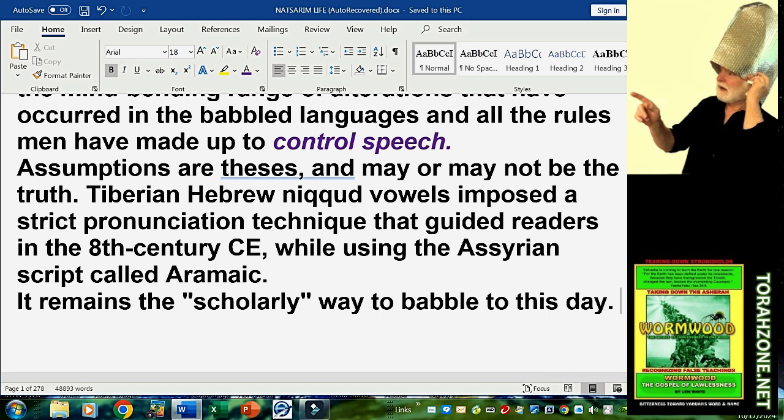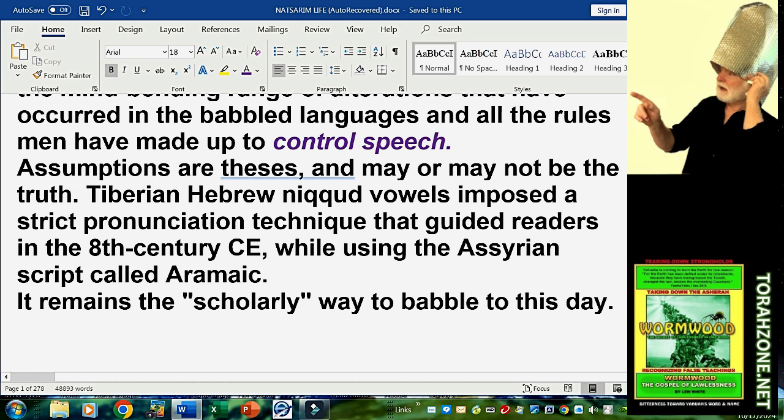We're not having a debate. We're just exposing what was real in the past and not the imaginary ideas that men have invented that want to control your speech. Tiberian Hebrew Nakud vowels. You can look that up. You'll say, wait a minute, is Lew making this stuff up? No, I'm not. I'm actually a researcher.